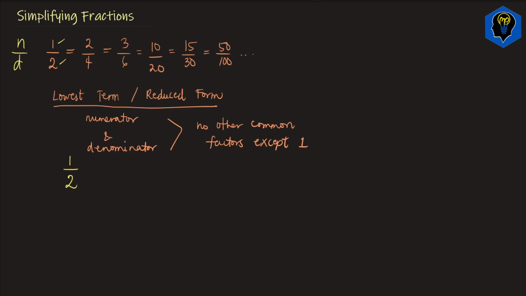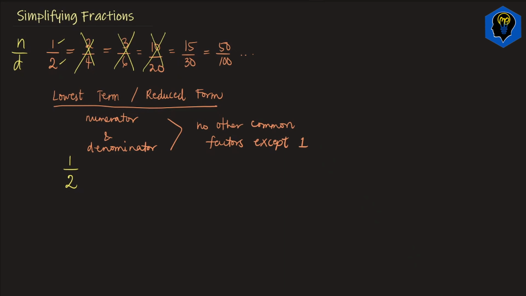How about 2/4? 2/4, kung mapapansin nyo, 2 and 4, they still have a common factor aside from 1. So, pareho mo pa silang pwedeng i-divide by 2. Okay? So, therefore, 2/4 is not the lowest term. Also, 3/6 kasi pwede mo pa silang i-divide by 3. 10/20 is also not the reduced form because you can still divide both the numerator and the denominator by 10.